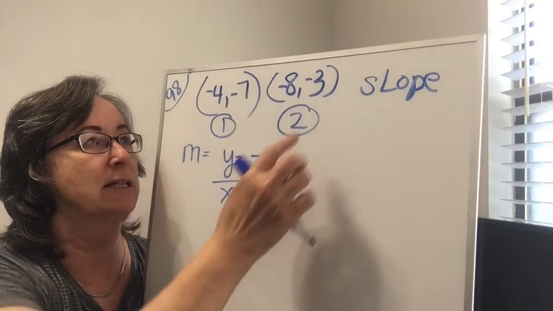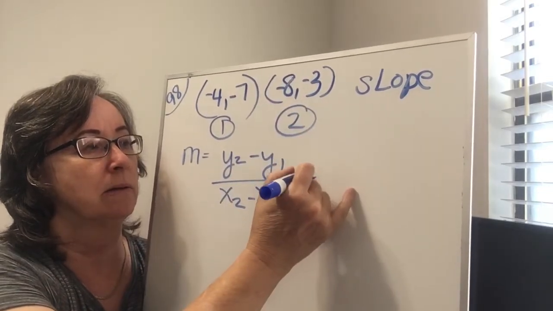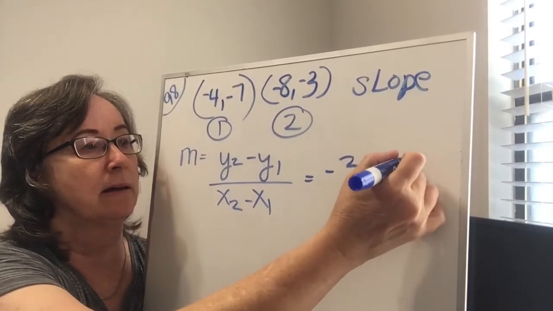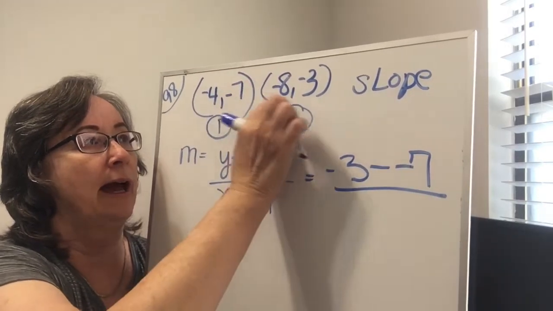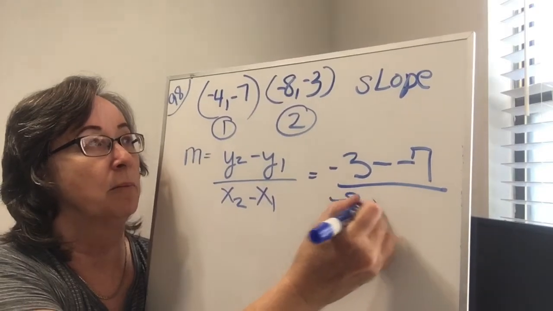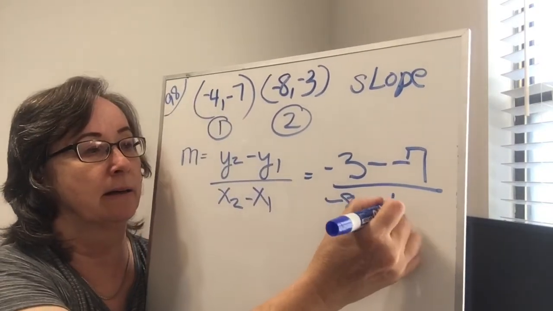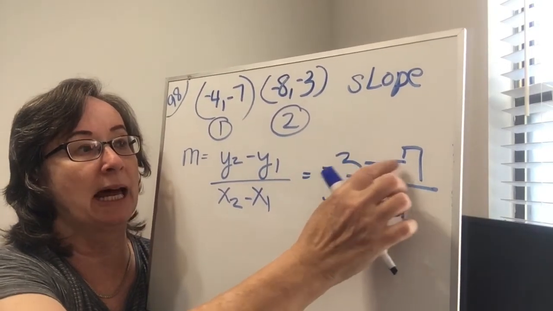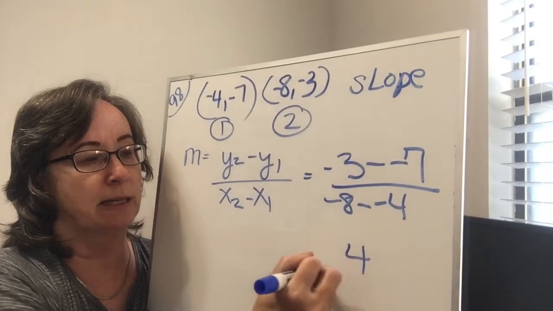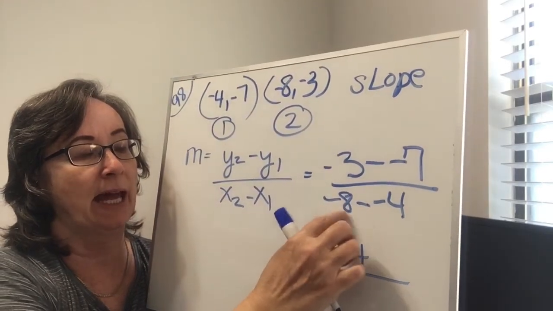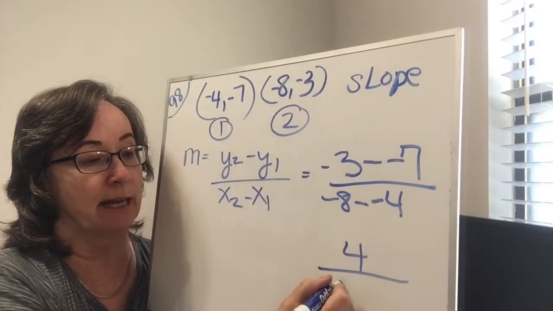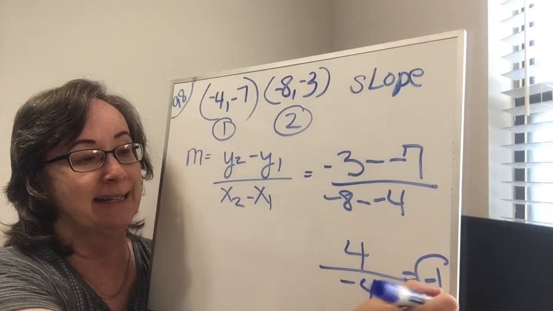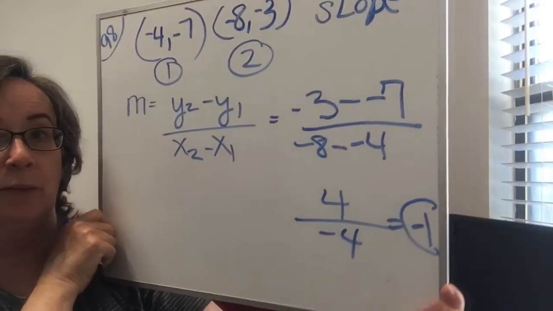So the y's will be y2 minus y1 over x2 minus x1. So we got negative 3 plus 7 is 4 steps to the positive, and negative 8 plus 4 is negative 4. So 4 over negative 4 is negative 1. Did you get the slope right?